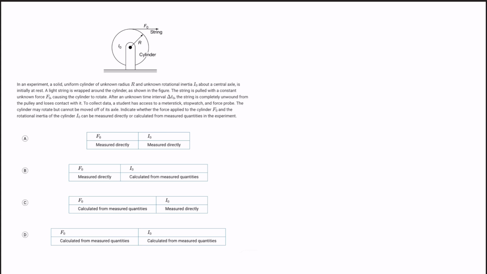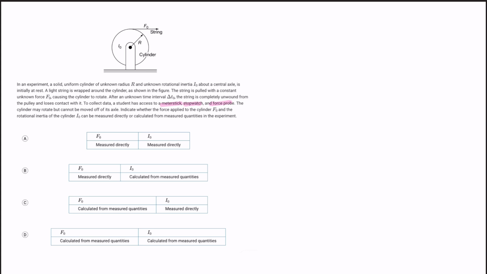After an unknown time interval, delta T naught, the string is completely unwound from the pulley and loses contact with it. To collect data, a student has access to a meter stick. Let's actually highlight this. This is important to know. A meter stick, a stopwatch, and a force probe. The cylinder may rotate but cannot be moved off of its axle.